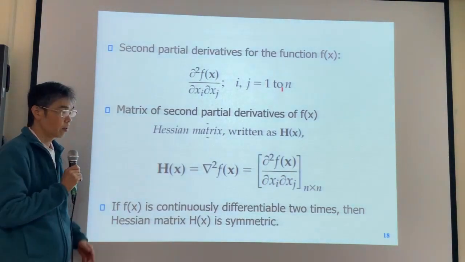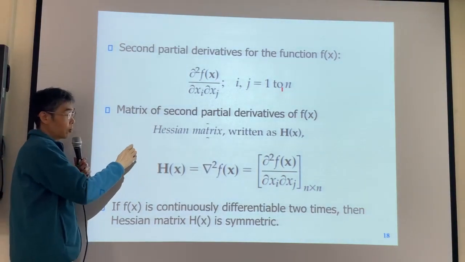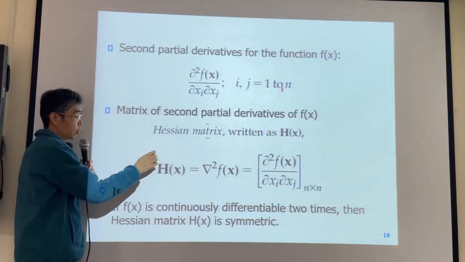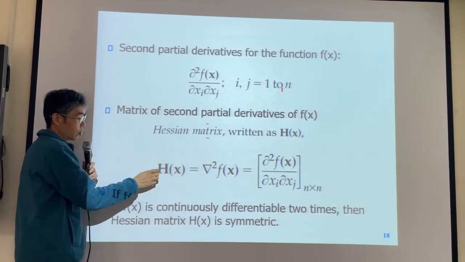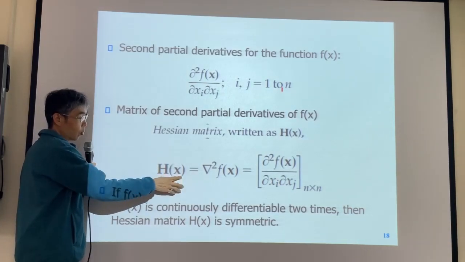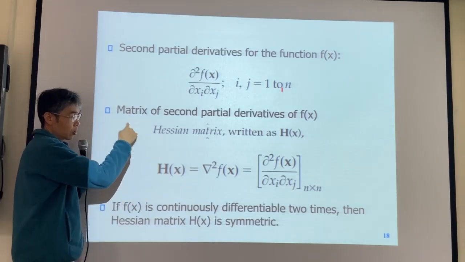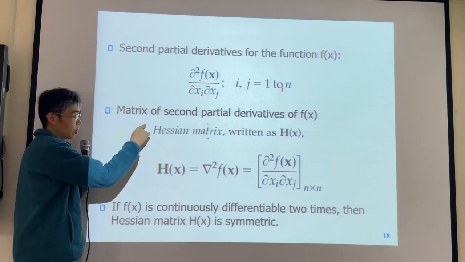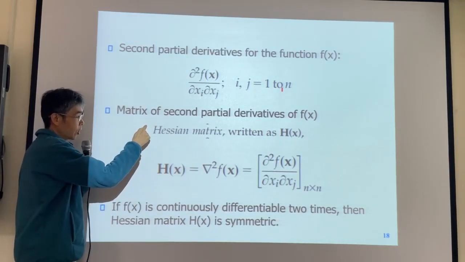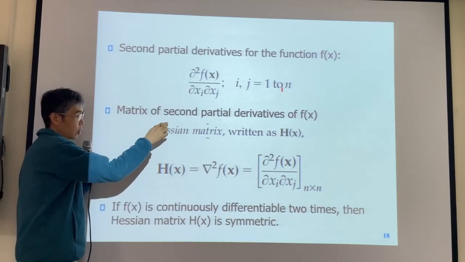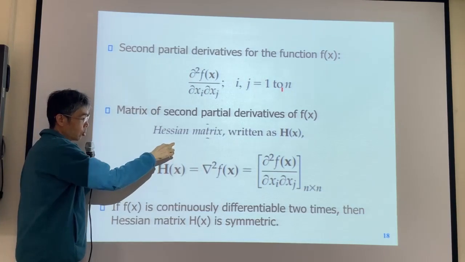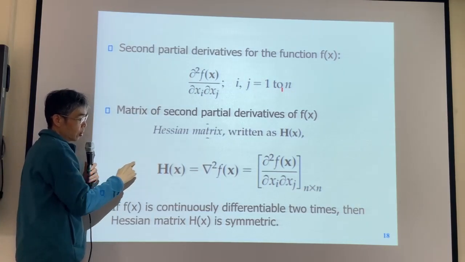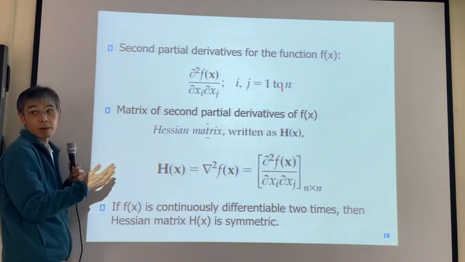Symmetric means, for example, 1, 2, 3, 3, 2, 3, 3, 2, 1. So they are matrix. This is the diagonal, but H21 equals H12, H13 equals H31, H32 equals H23. This is a symmetric matrix.